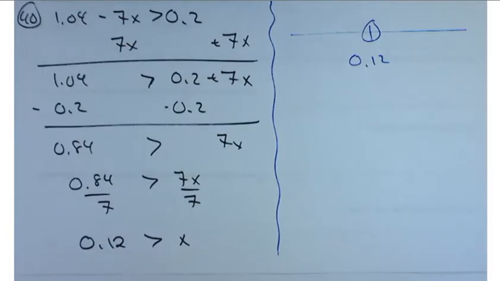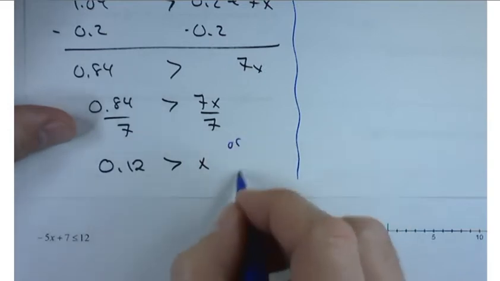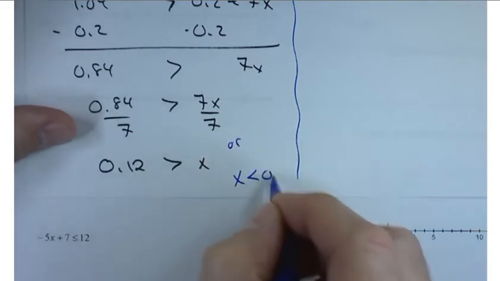And which way is the arrow going to run, to the right or to the left? Well, take a look at it from the perspective of x. How does x compare to 0.12? It's less than that. So, in fact, if you'd like, you could rewrite it as x is less than 0.12.